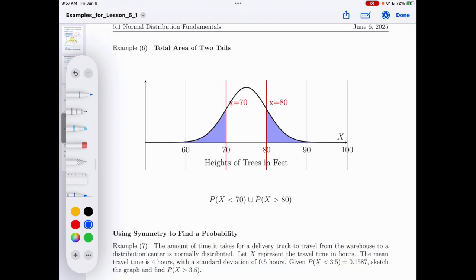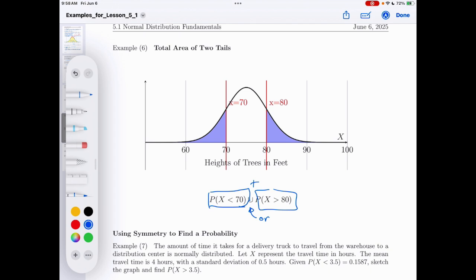Okay, last example, when we're looking at the two tails. So if I want to find the probability that a tree has a height less than 70, or, remember this is the symbol for or, the probability that the height of the tree is greater than 80, we would find each of the probabilities separately and then add them up.